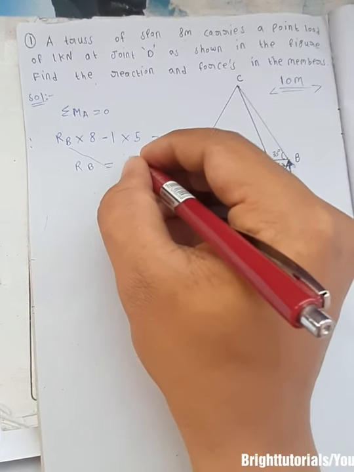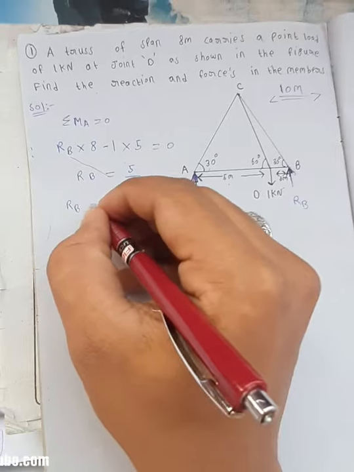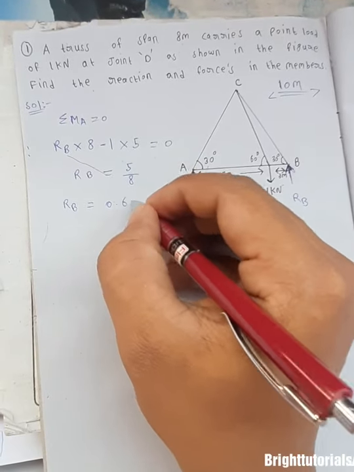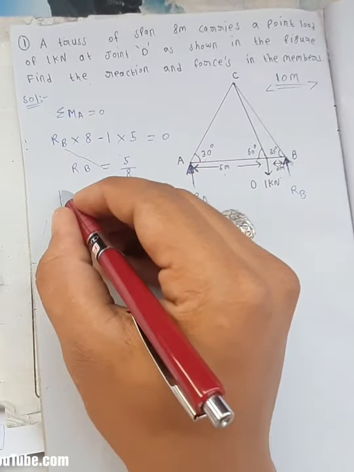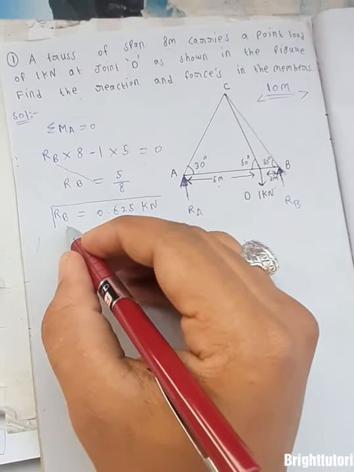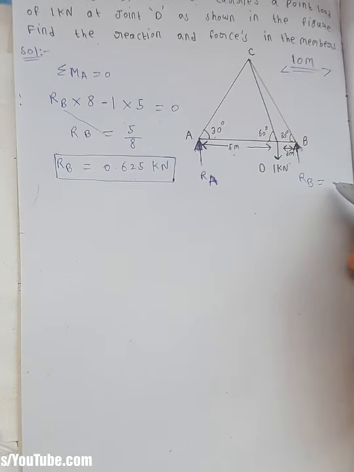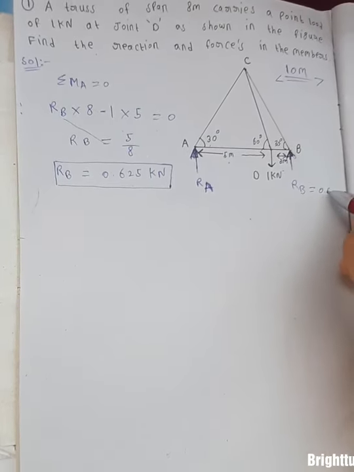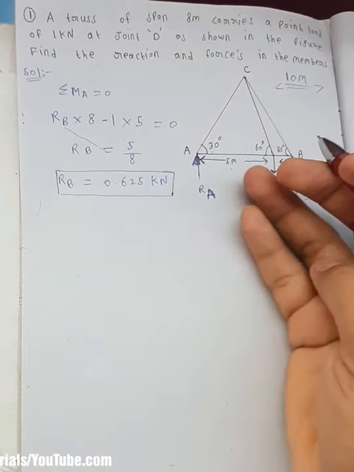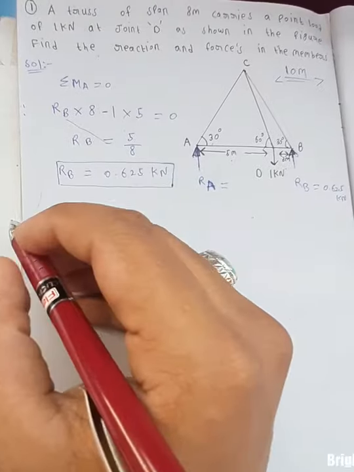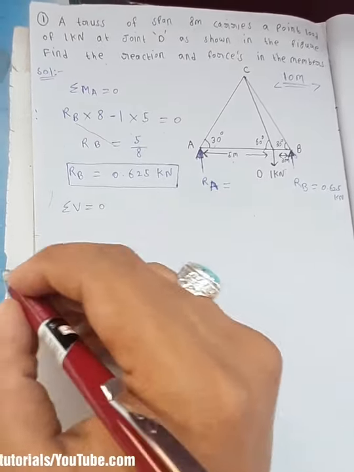RB equals to 5 by 8. So RB is equal to 0.625 kilonewton. So we have found the value of RB, 0.625 kilonewton. For finding the value of RA, we have to do summation of vertical forces equals to 0.